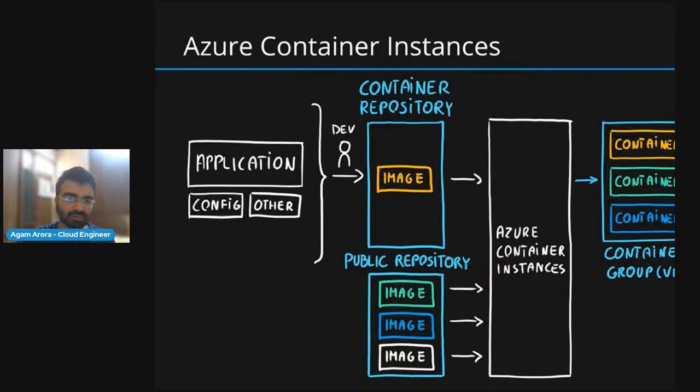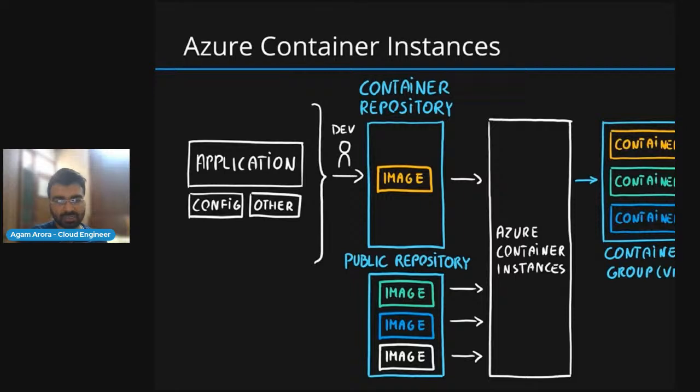So this is the Azure service called Azure Container Instance. So what happens is that if a developer creates an application, they go to a container repository like Docker Hub or any other available option out there. They create their own customized image, or they can use a public image.